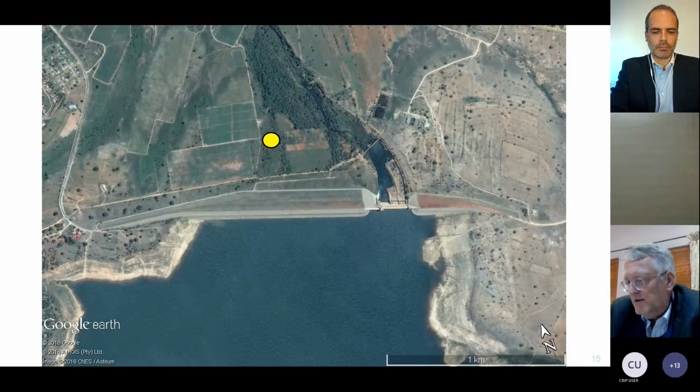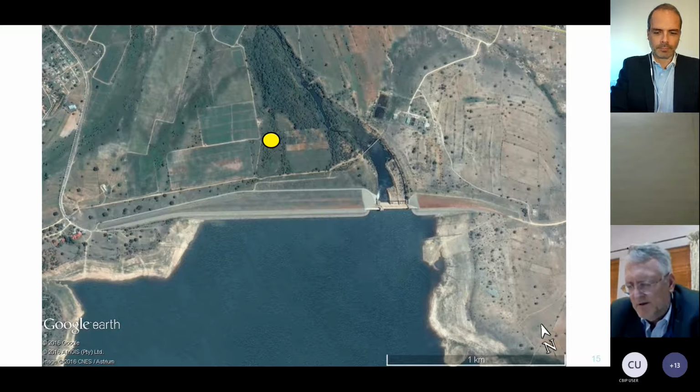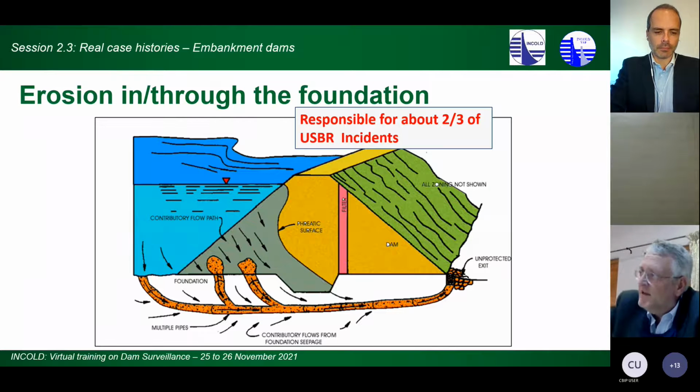So it's our conclusion that during this dynamic compaction process, the pressure relief wells were blocked. They're not functioning. But in any case, soon after they discovered this boil, they installed a new set of pressure relief wells, and everybody thought that the dam has no problem. Okay. So the issue here is internal erosion through the foundation and not really through the dam wall.